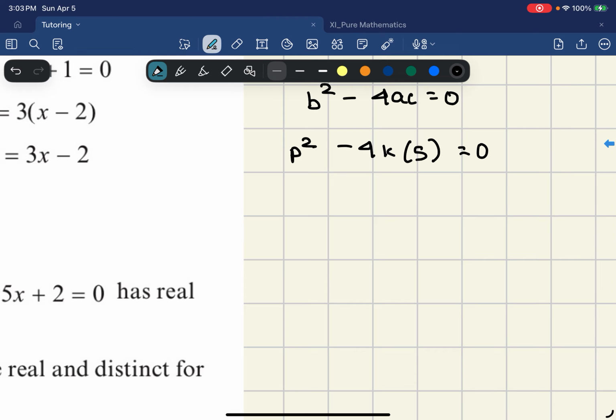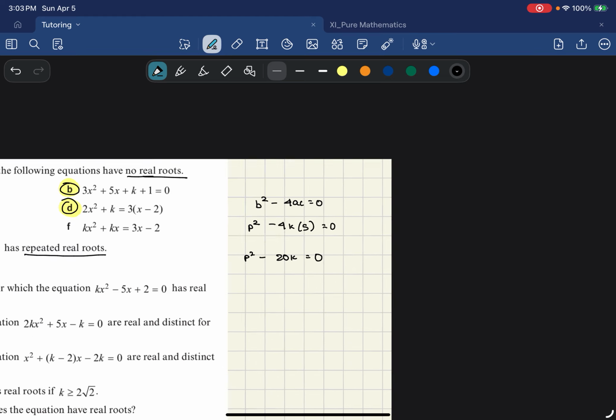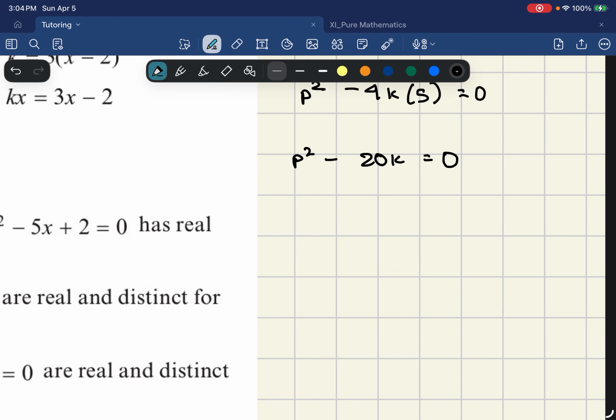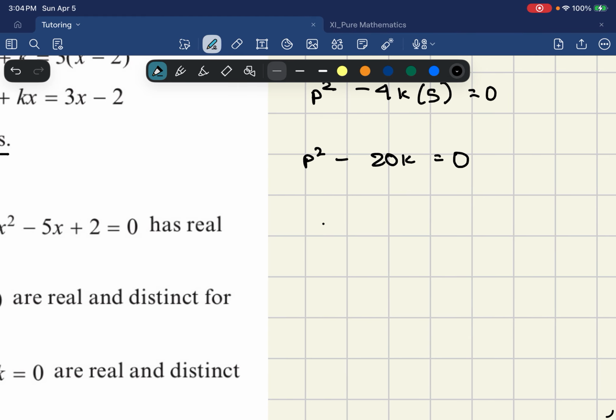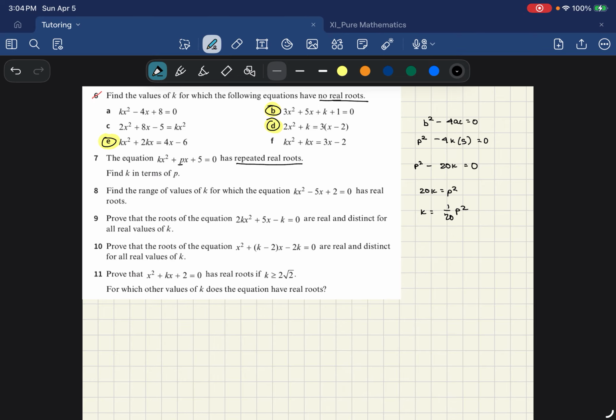So we have p squared minus 20k is 0. And find k in terms of p. So 20k is just p squared, and k is 1 over 20 p squared. That is what they want. k in terms of p is p squared by 20. So this is your answer. And we're done with 7.